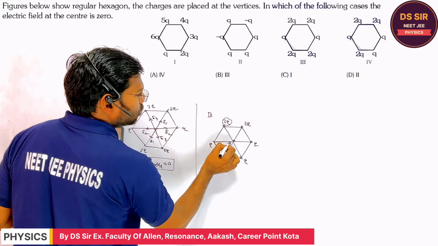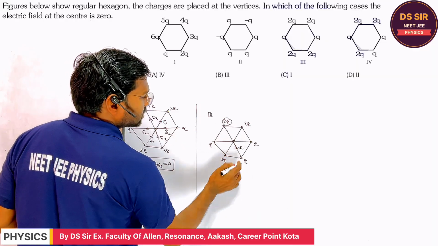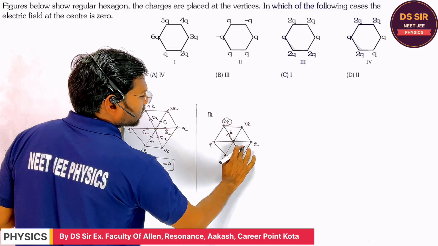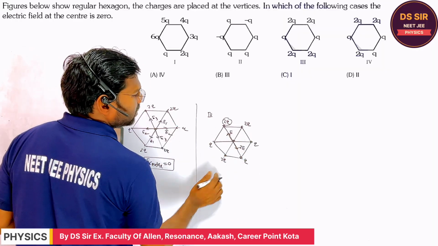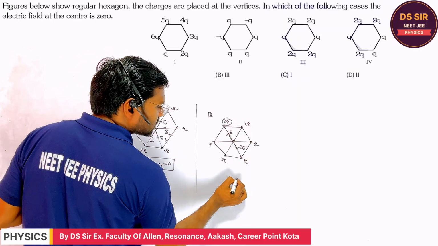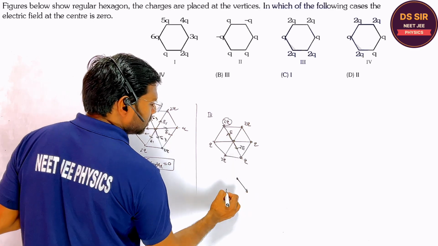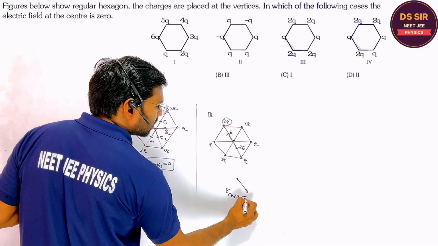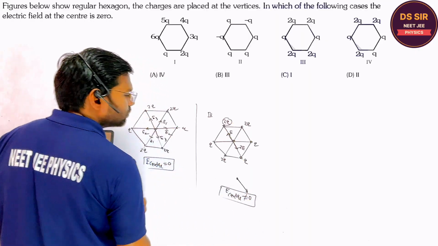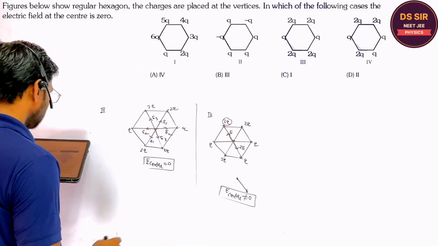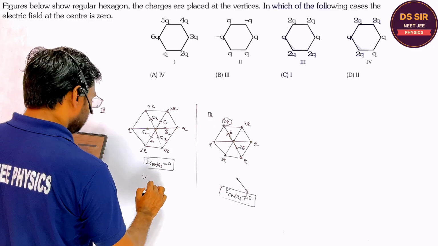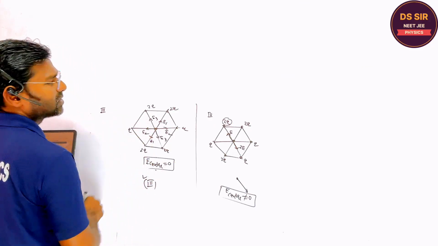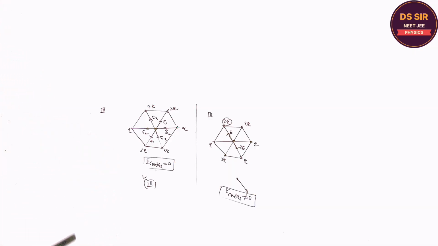Because of this 2Q, the electric field is in this direction, and because of this, the electric field is in this direction. Suppose this will be the 2E and this will be the E. So the net electric field on the center will be along this direction. Therefore, in this case, the electric field at the center is not equal to 0. You understand or not? So which option is the correct option? The third option is the correct one, where the electric field at the center is 0, right? Copy this.